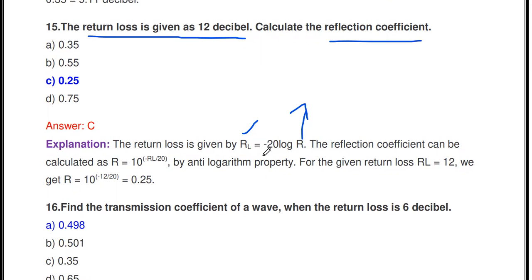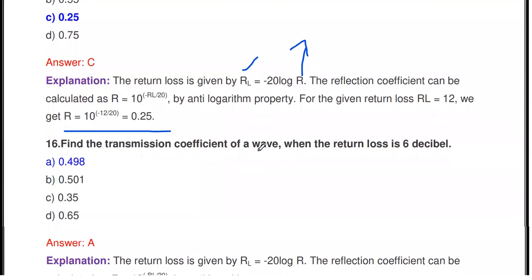You move the minus 20 to this side: RL divided by minus 20 equals log of R. Then you take the anti-logarithm on both sides, so R is equal to 10 to the power minus 12 divided by 20. If we calculate, we get 0.25. So the reflection coefficient is 0.25 if the return loss is 12 dB.